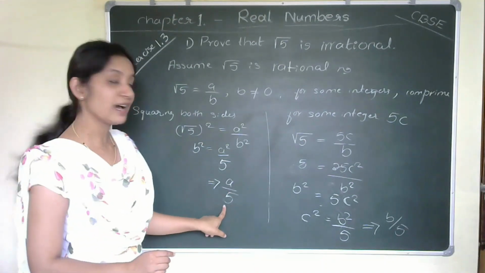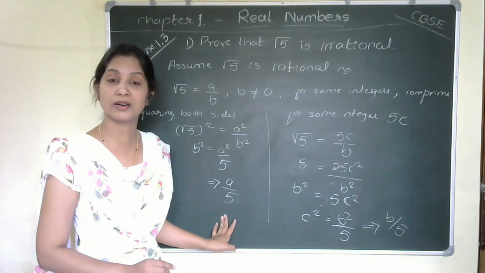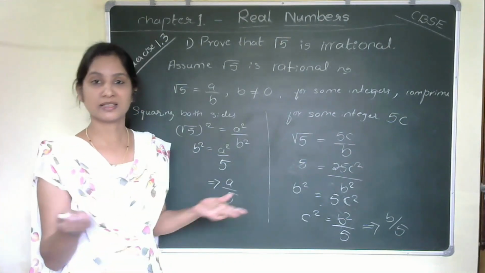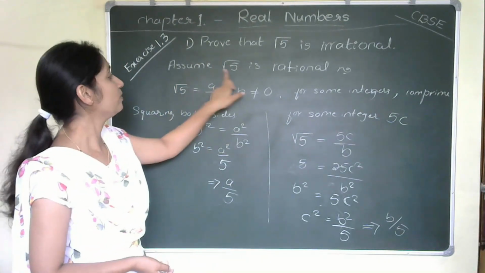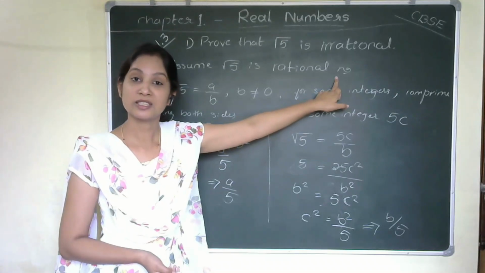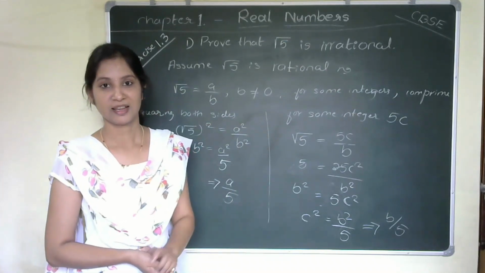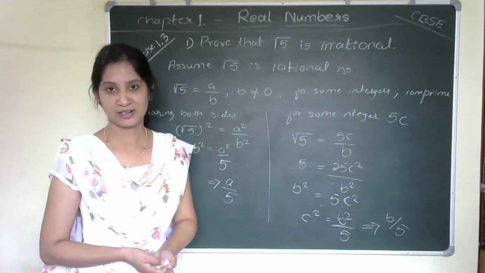But we are getting one more common factor which is dividing both numbers. So our assumption is wrong. What was our assumption? Assume root 5 is a rational number. So it must be an irrational number. Like this we can prove root 5 is an irrational number.